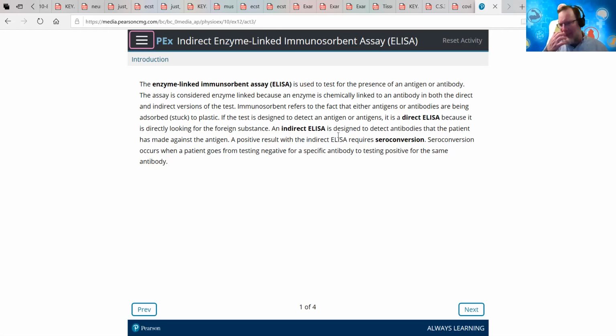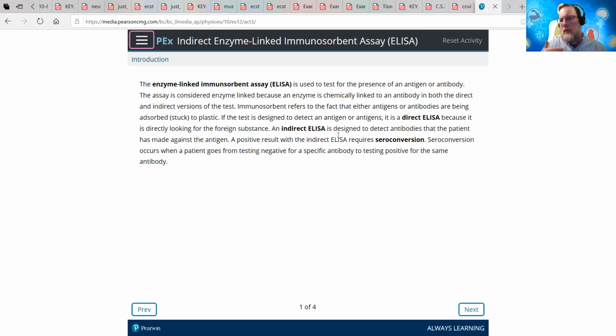So a direct ELISA can test for the specific antigens, whereas an indirect ELISA, which is what we're going to do, is going to test for detection of antibodies. So if the patient has developed antibodies against antigens from whatever the pathogen is, that indirect ELISA can tell us whether the person has developed antibodies.